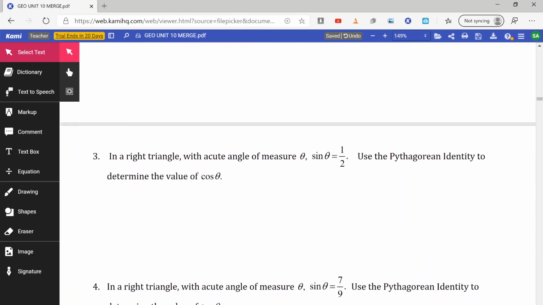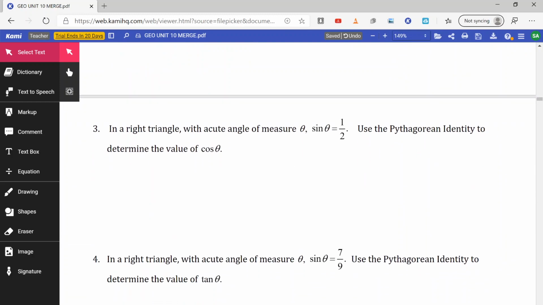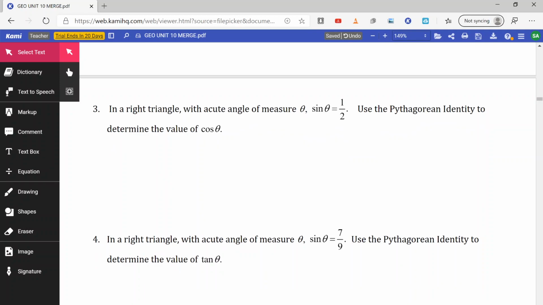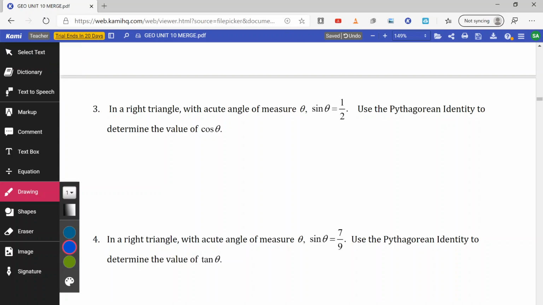So here we're going to use the Pythagorean identity to figure out the value of cosine. Just like up above in number 1, we used the Pythagorean theorem to figure it out, this time we're going to use the Pythagorean identity. We still have a right triangle, some angle theta, and we are told sine is 1/2. So again, sine theta, cosine theta, and then hypotenuse will be 1.